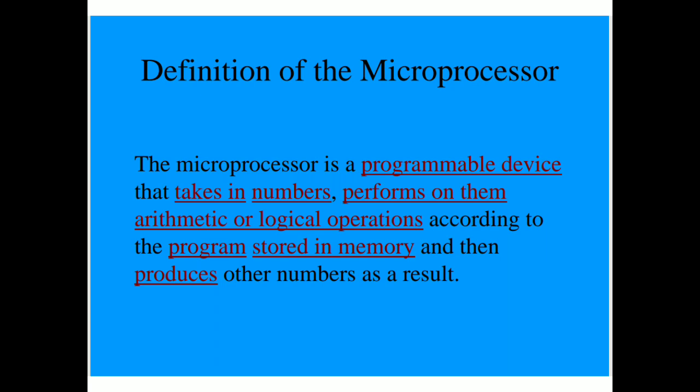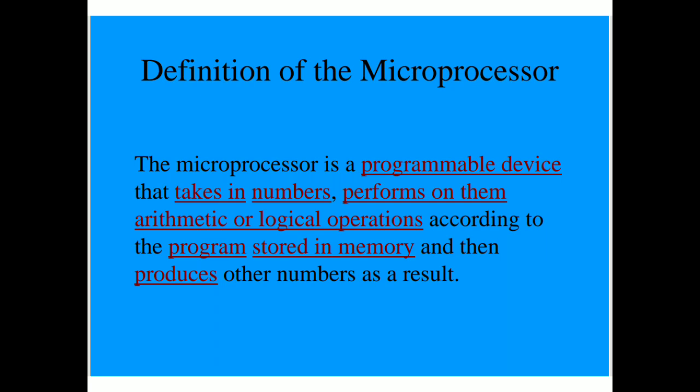In addition, microprocessors have logic operations as well, such as AND, OR, XOR, shift left, shift right, etc. Again, the number and types of operations define the microprocessor's instruction set and depend on the specific microprocessor.